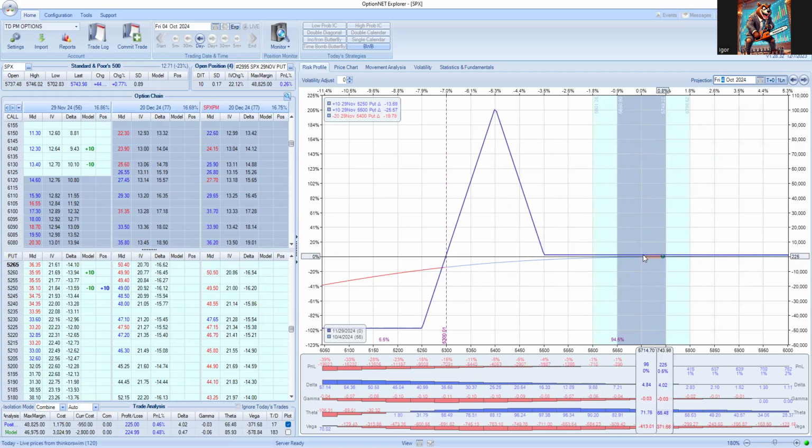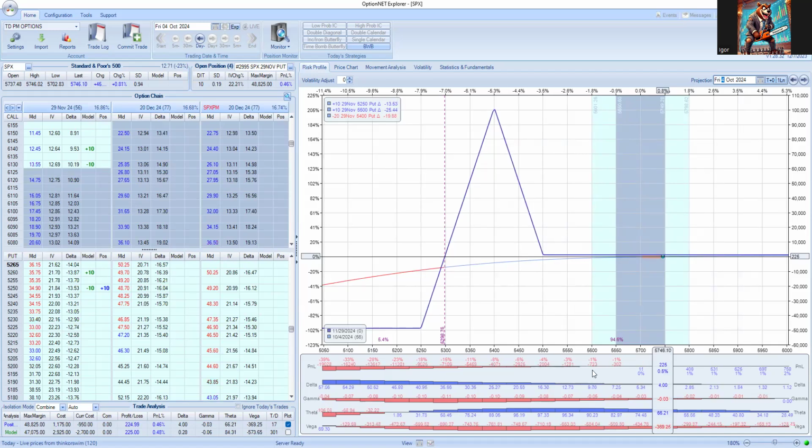So on the way down, my delta is going to start to increase exponentially, and that's because of the short gamma. The gamma is going to drive delta, and delta is going to increase on the way down, which means my directional exposure on the way down is going to increase. And the more the market goes down, the more losses we're going to accumulate.